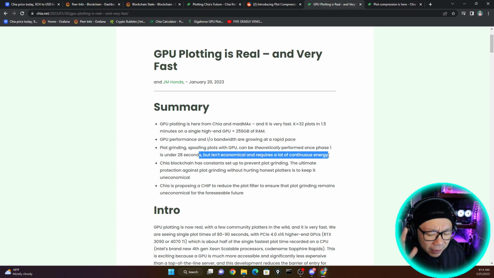Yes, okay. So that means someone out there, if they're crazy enough to buy all this hardware and do all this just so they can spoof plots in under 28 seconds, that means there's a problem, isn't there?